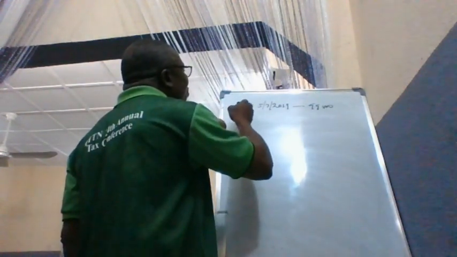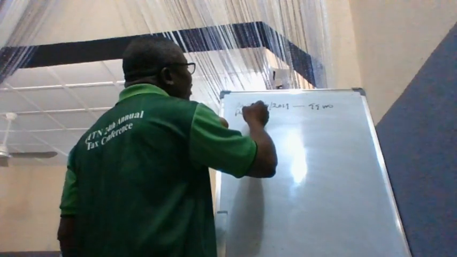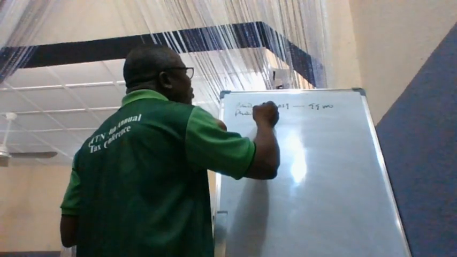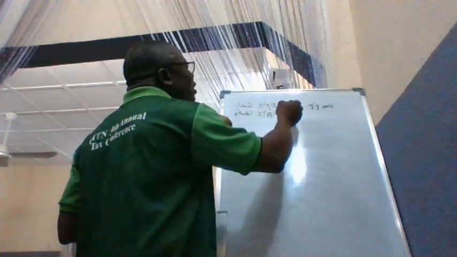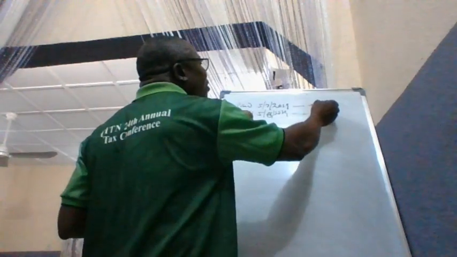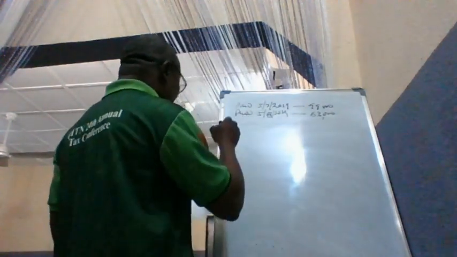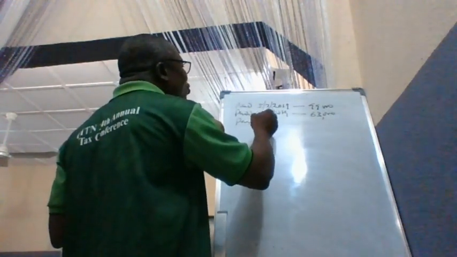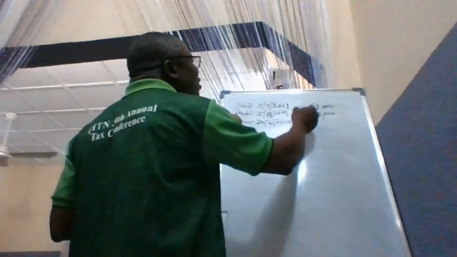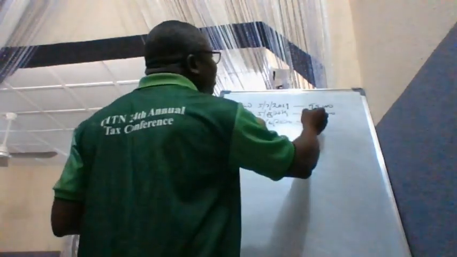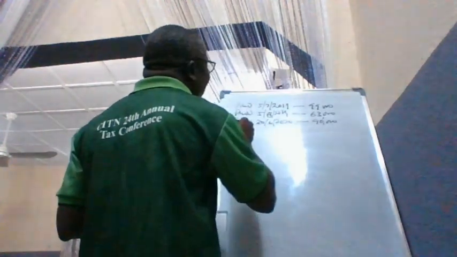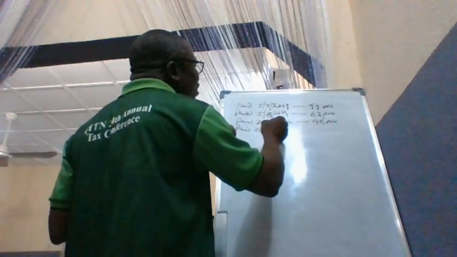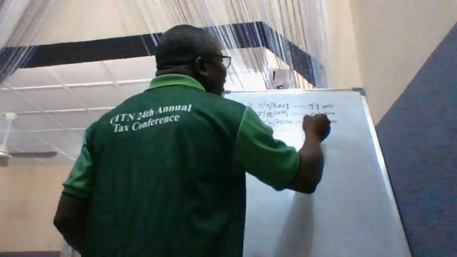The second one was paid on 5th August 2019, that was 63,000 naira. The next one was paid on 30th June 2020, and that was 90,000 naira. Finally, one was paid on 31st December 2020, and that was 95,000 naira.